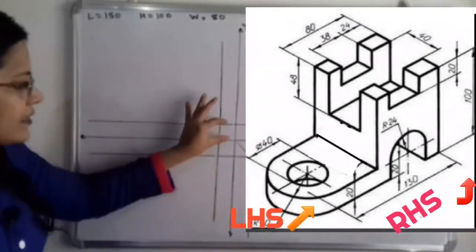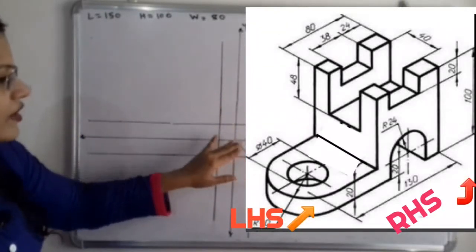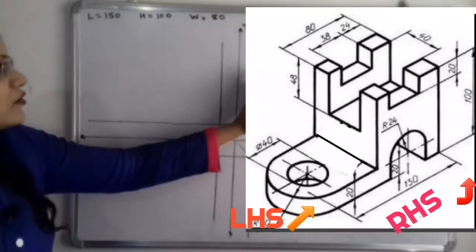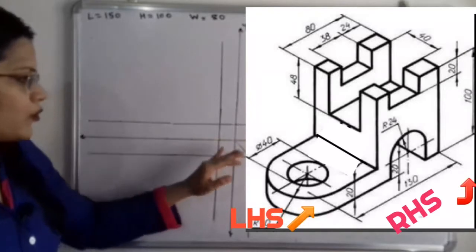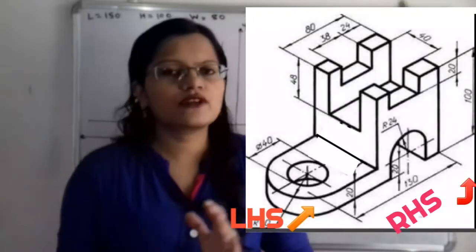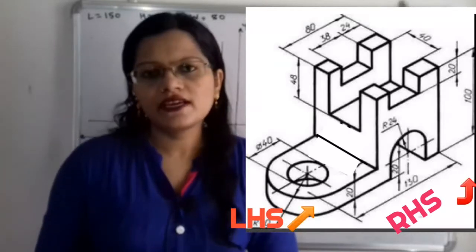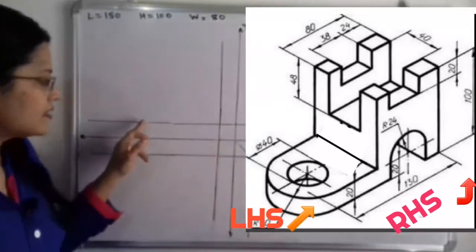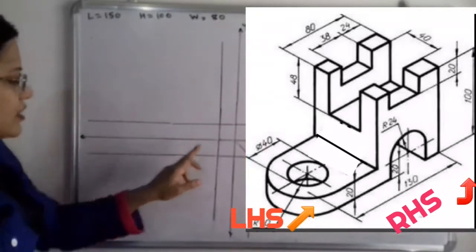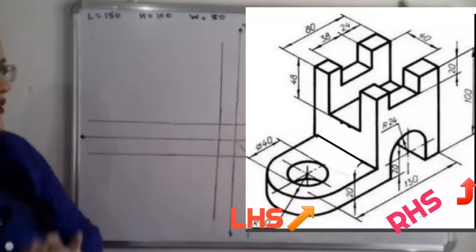I have selected 1 centimeter distance above and below the x-axis and on both sides of the y-axis, and drew parallel lines passing through those points, so that when we draw the front view, top view and side view, some distance remains between those views. This structure is important, so we have to keep some space.